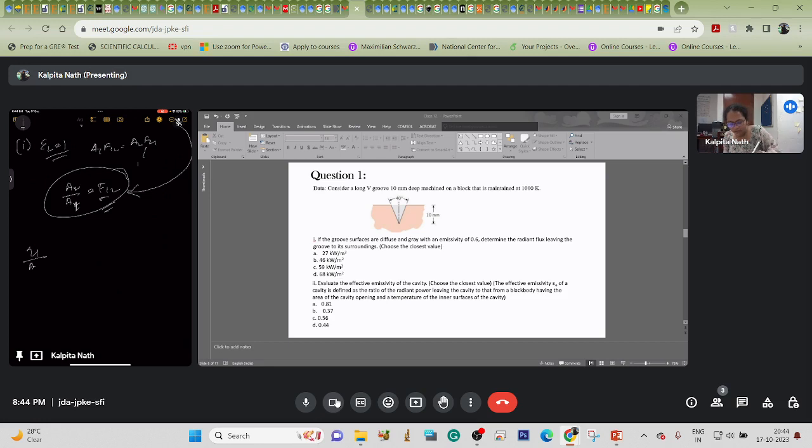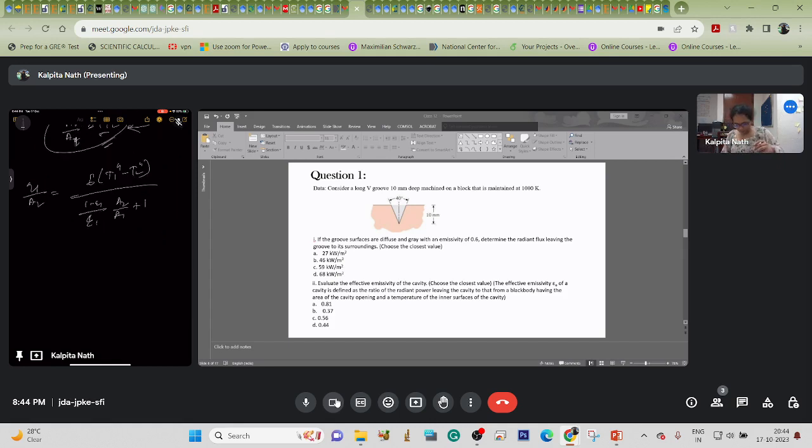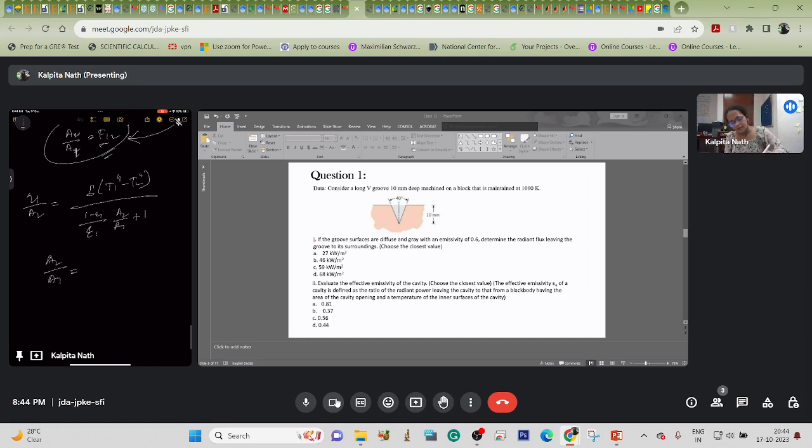So Q1 upon A2 we are writing. This is sigma times T1 to the power 4 minus T2 to the power 4, divided by (1 minus epsilon 1) upon epsilon 1 times A2 upon A1 plus 1. Now A2 upon A1 we already found as this. If we sort this out, this will be sine 20 degree.